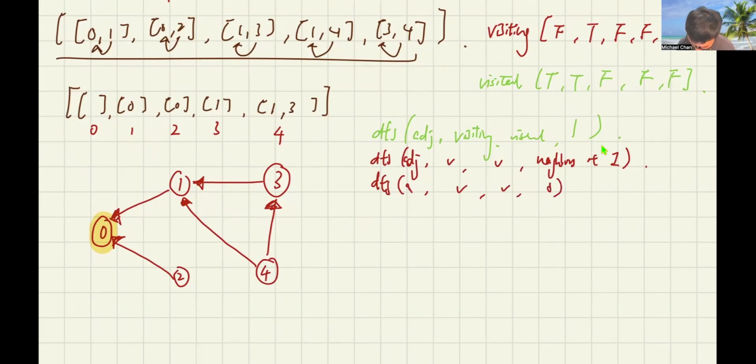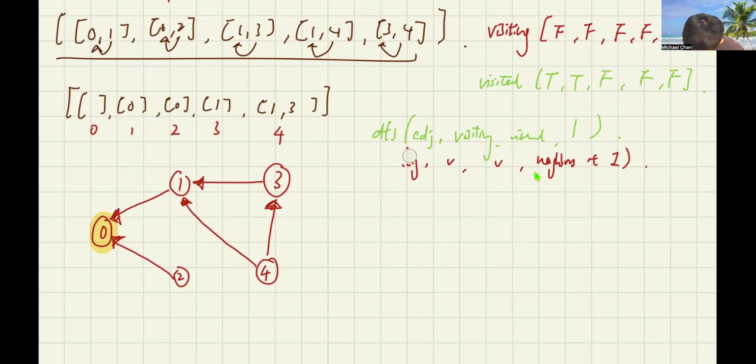However, 0 is already visited, so it's true. It just returns true. Boom. So it's gone, and there's nothing left. Therefore, I will set this back to false. And then I will set visited. Oh, visited is already set to true. Okay, cool.